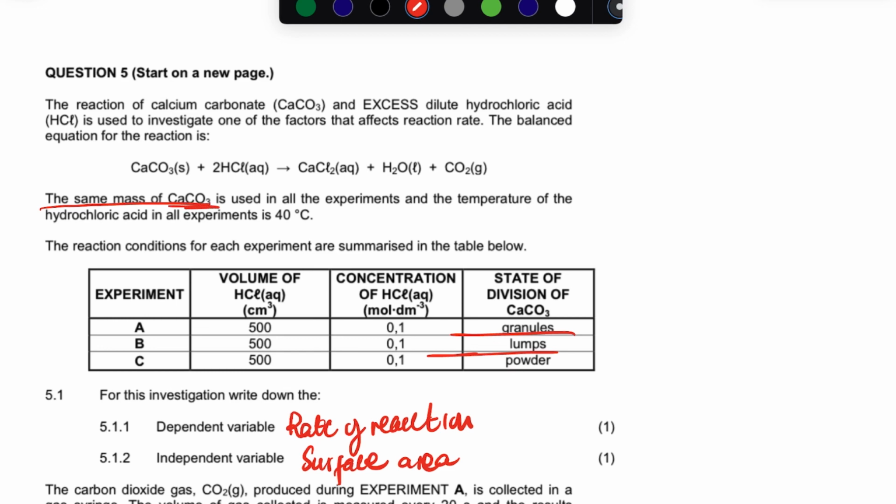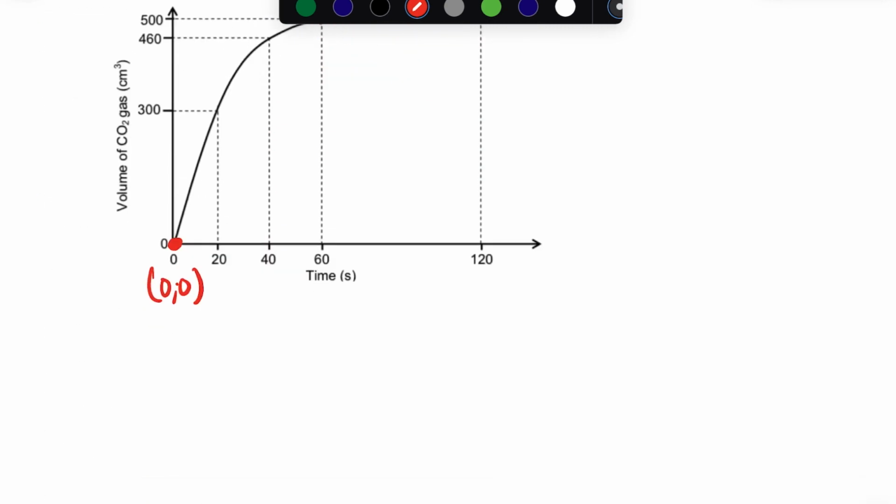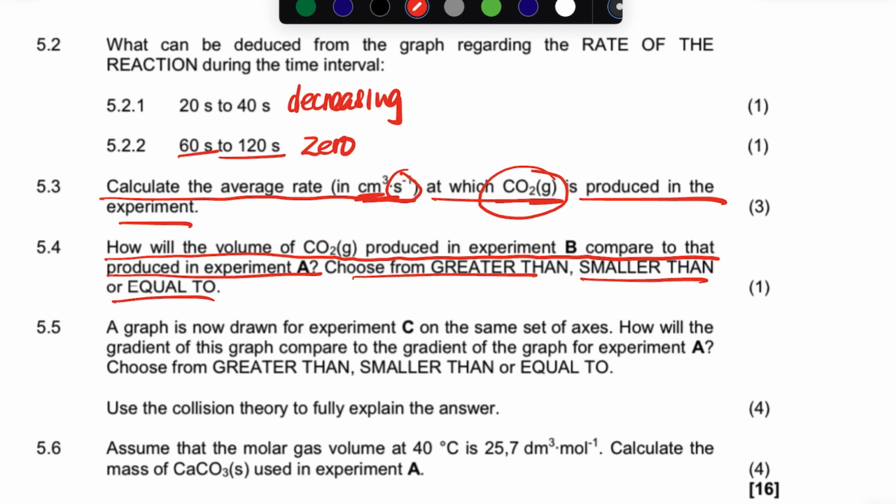The mass of the limiting reactant is still the same, and it's just the rate that will be different. So if the mass of calcium carbonate, which is the limiting reactant, is still the same, and what has been changed is the state of division, that means the volume will be equal.